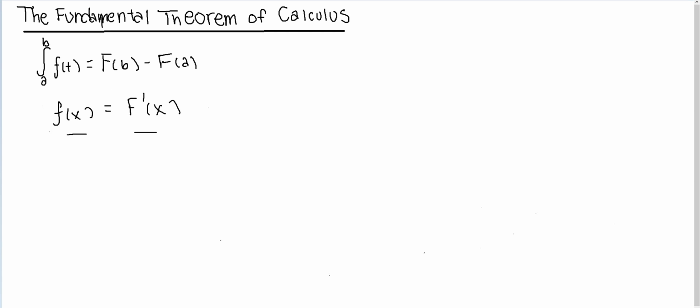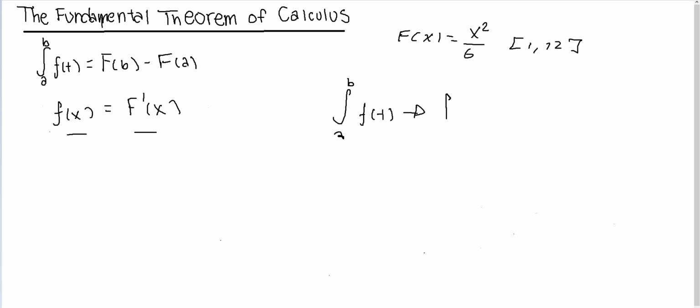So let's try this in a problem. Let's say that big F of x is equal to x squared over 6 on the interval from 1 to 12. This means that from 1 to 12 of f of t, we have 2x over 3 dx.